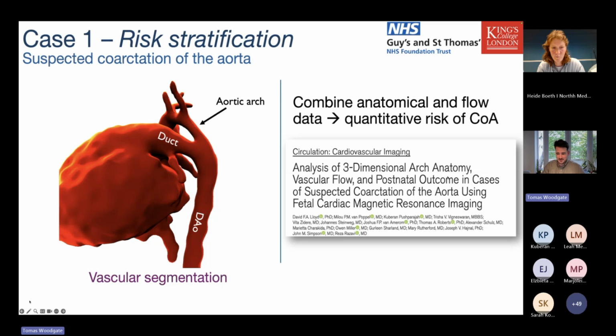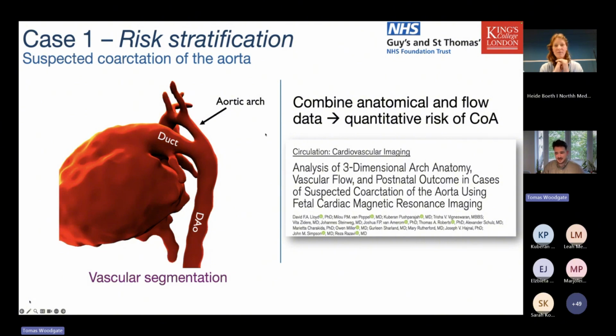We use the process that's outlined in this paper from Circulation to take anatomical measurements of this type of data, combine that with some phase contrast flow data, and come up with a quantitative risk of coarctation of the aorta. In this particular case, even though you've got quite significant asymmetry, we were able to produce a percentage risk score of coarctation of less than 10%.